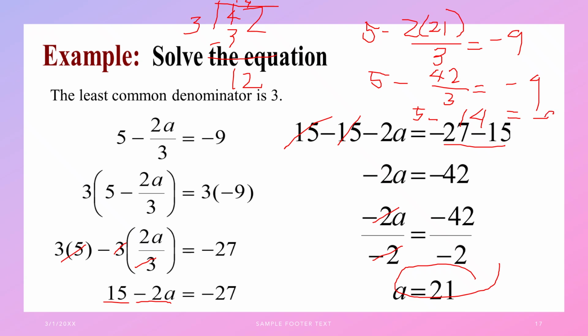So 5 minus 14 is negative 9. So that is correct. Our answer is correct.